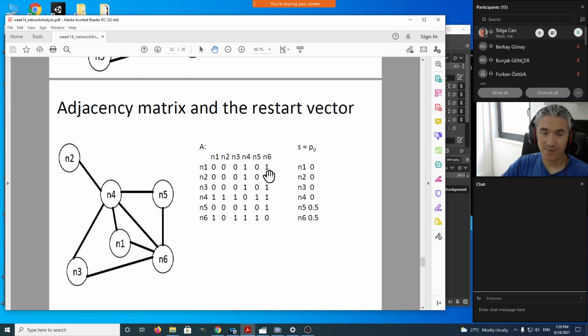So this is a symmetric adjacency matrix I have here. I normalize this so that the values here become 0.5, 0.5. This one stays. N2 is connected to only one of them, so its state transition remains still as 1. This N4 becomes 0.2, 0.2, 0.2.